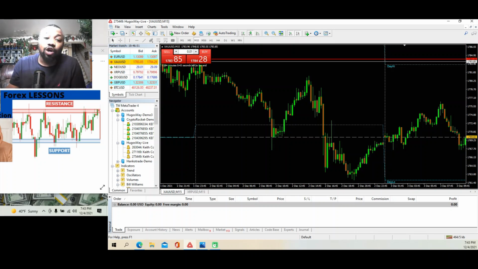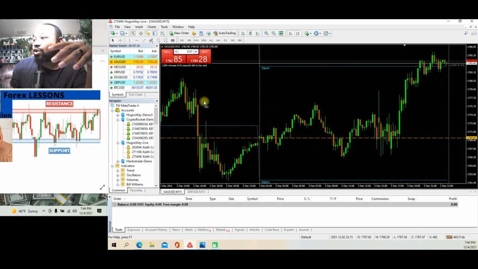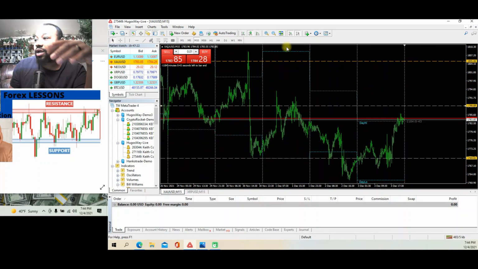Your intention is obviously to buy at support levels and sell at resistance levels, but you also want to watch out when you put your stop loss that you don't put it too close to the level, because price is not always going to stop directly at that level. It clearly wants to drop down, sometimes trick you into getting into certain moves, and then go ahead with what it's been doing.